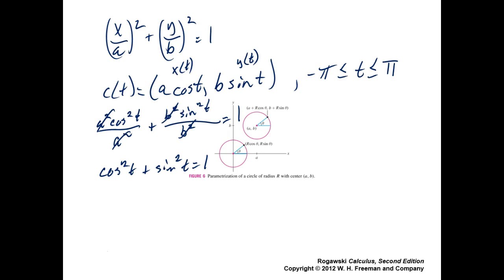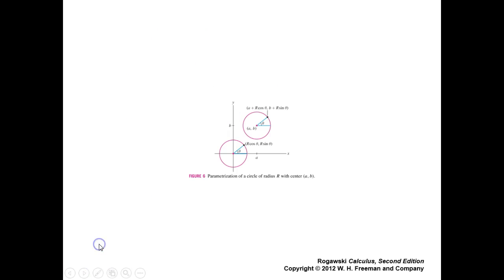Now, it says plot this when a is equal to 4, b is equal to 2. So I think what I'm going to have to do is clean the page and then probably write some stuff over again. Okay? So here's what we're trying to plot.